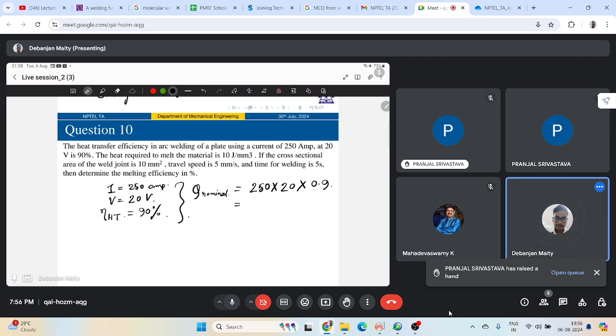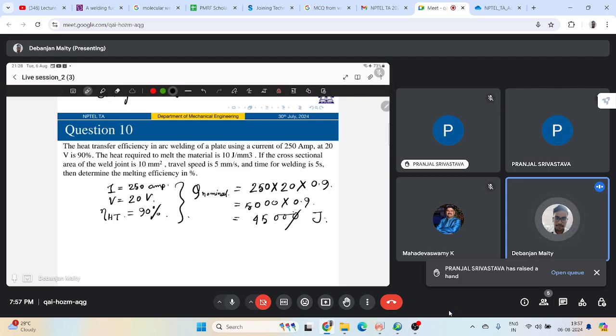So how much is this? This is 4,500, not watt, sorry, this is in joule, right?